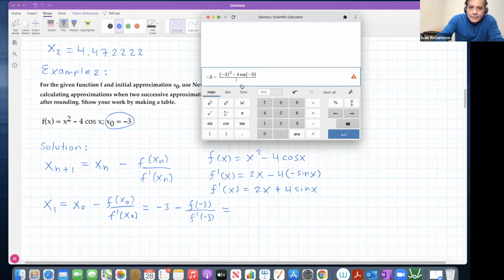What's the denominator? The evaluation of the derivative, right? But the derivative in simplified form is this, so that will be 2 times x, but x is supposed to be negative 3.